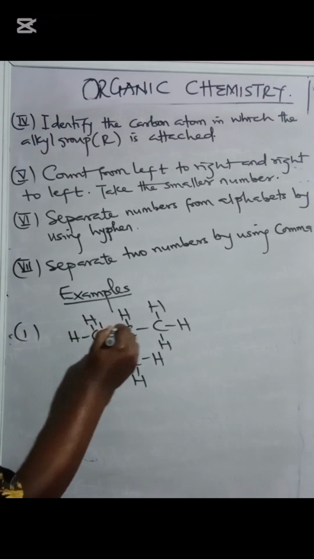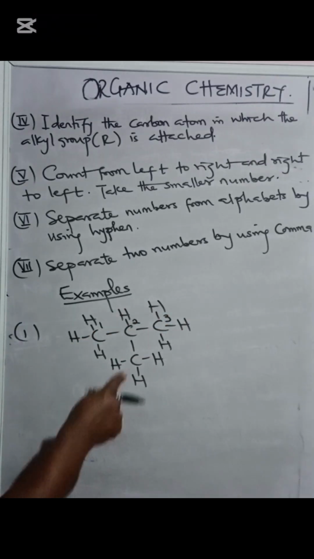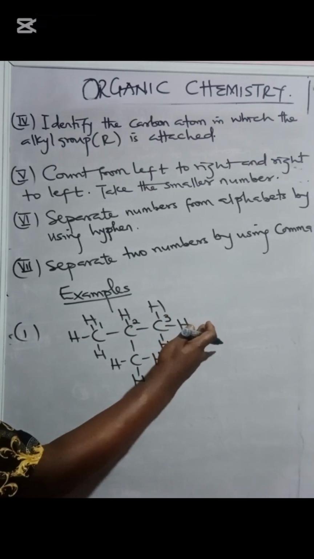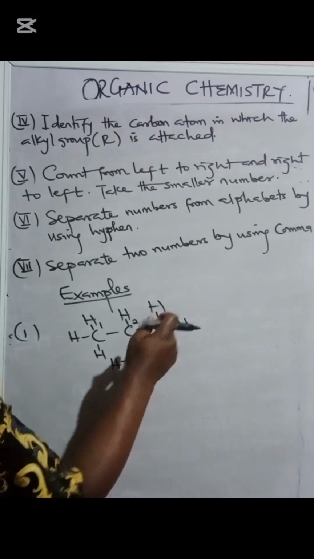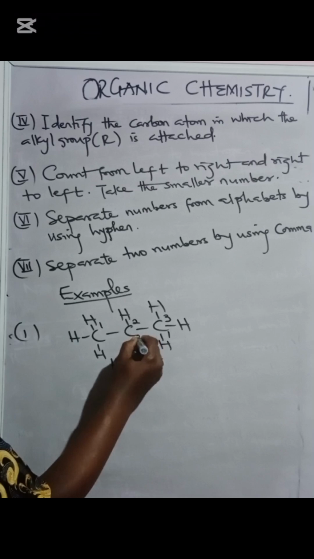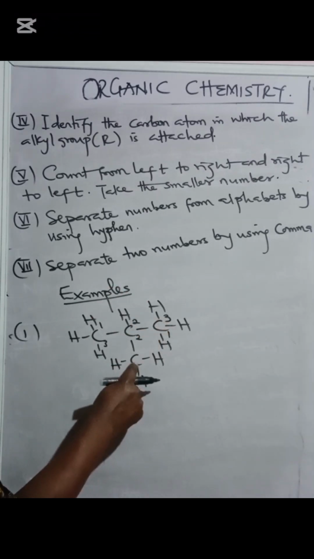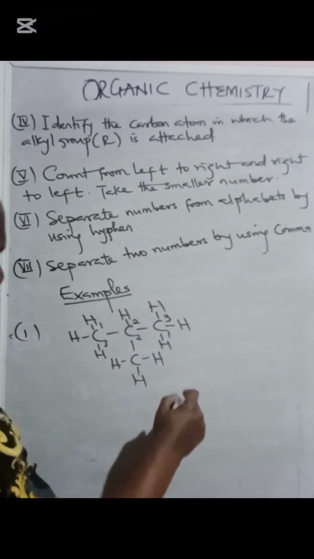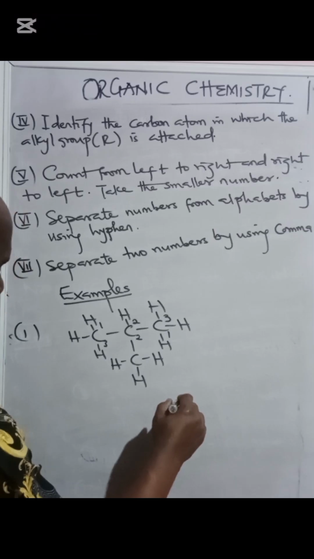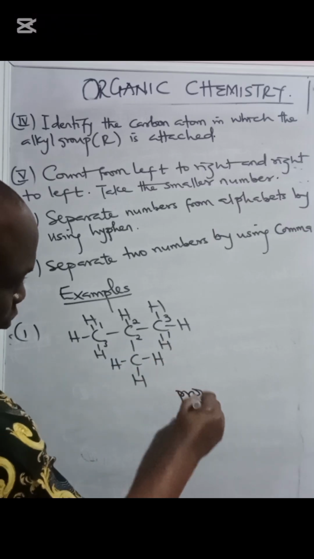If I start from here, 1, 2, 3. The longest is 3. Counting from left to right is 3, and right to left is also 3. In any order, you see that the longest is 3. So the 3 is regarded as the parent chain.